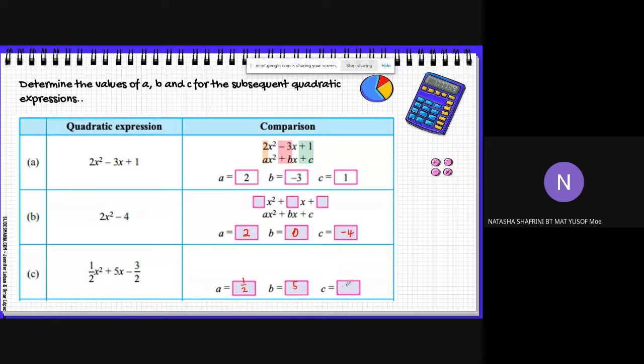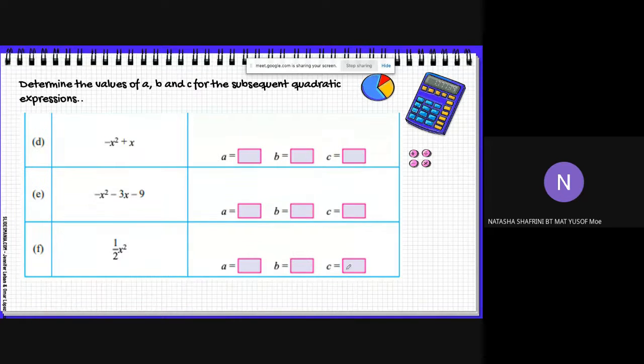Yes, negatif jangan lupa. Negative 3 over 2. Okay lah. D? Negative 1. Okay, correct. b? 0, 1. Okay, good. c? 0. Okay, good.